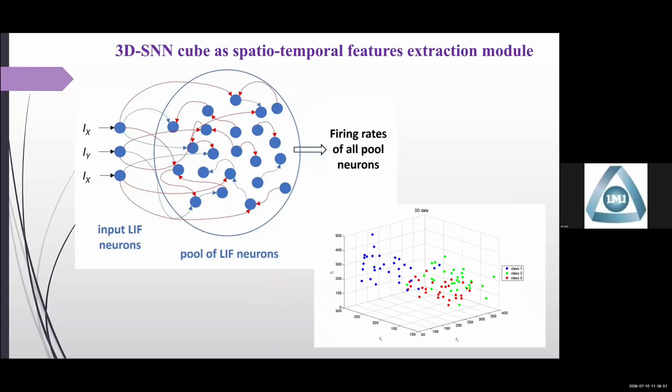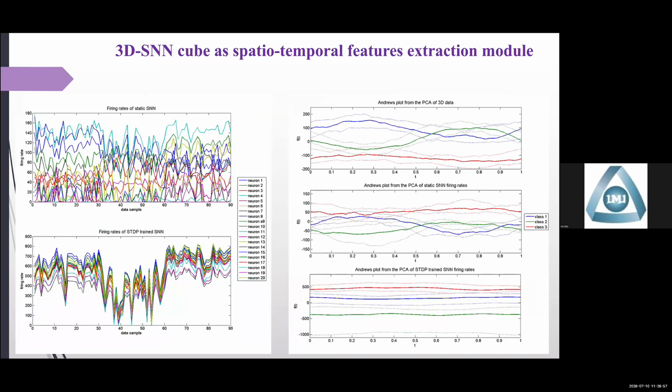You see blue, red, and green dots. So the intuition is that if we train via STDP the whole connectivity inside this pool of spiking neurons, even if they are randomly connected, you can distinguish classes by spiking activity. This is class 1, this is class 2, this is class 3.